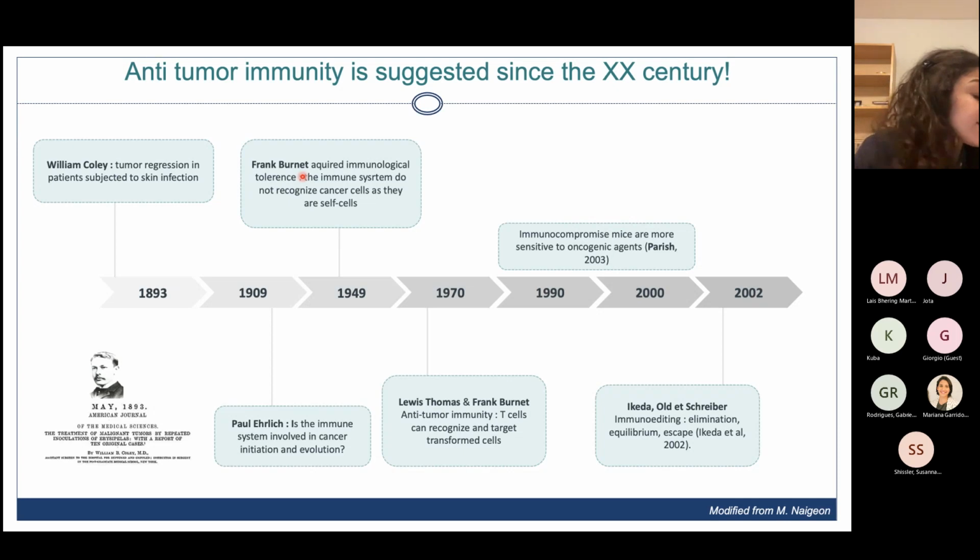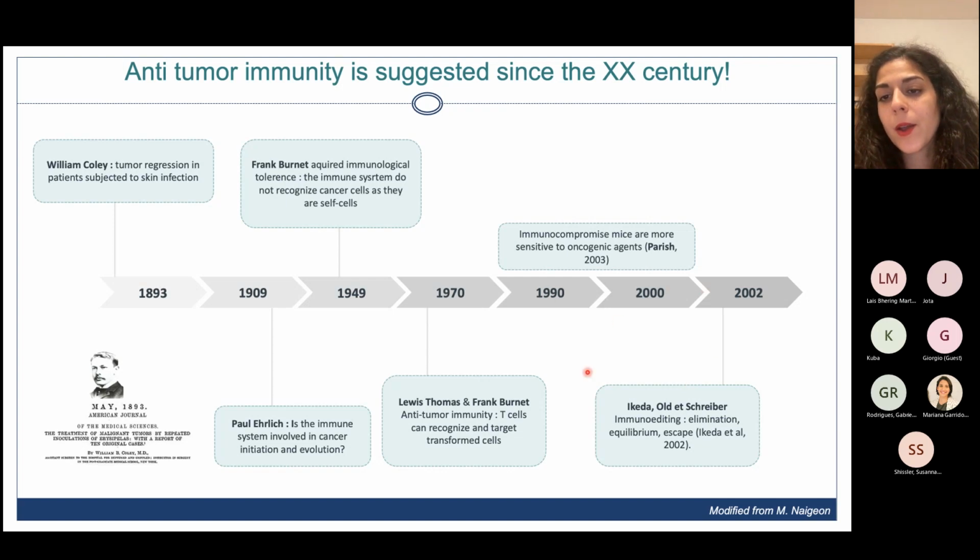So for him, cancer cells are not targeted by the immune system. But then Thomas and Burnet said that T cells can actually recognize and target transformed cells such as cancer cells.